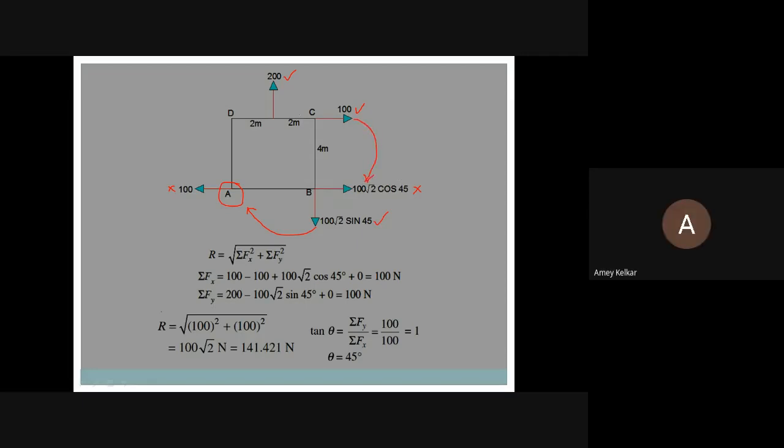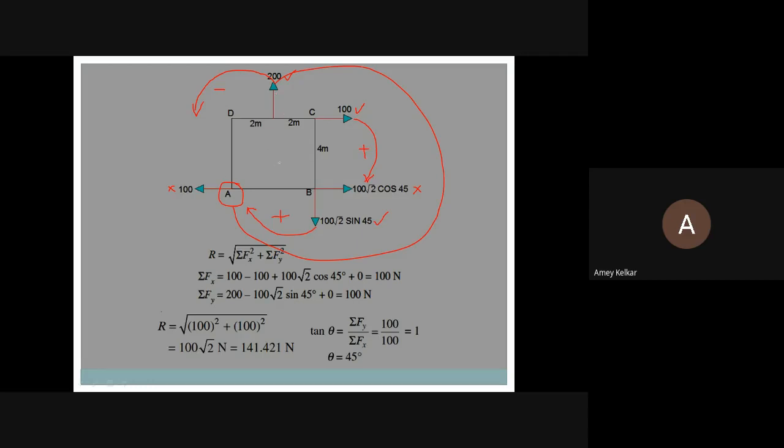It is also clockwise. Now this force, anti-clockwise. It can come like this also, but this path will be longer. It will not take the longer path, it will take the shorter path. So it will be anti-clockwise. So this will create a negative moment as it is anti-clockwise. This will be positive clockwise and this will be positive clockwise.